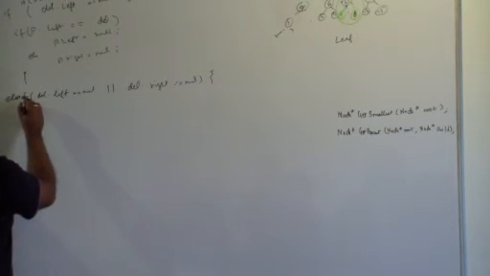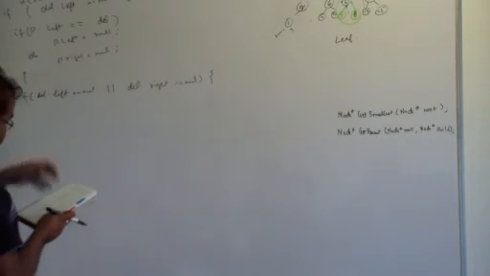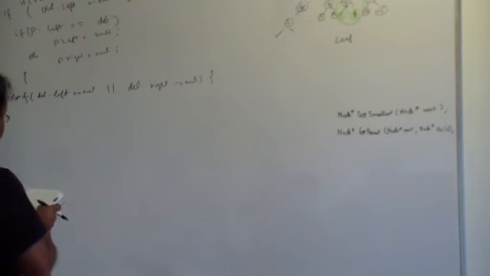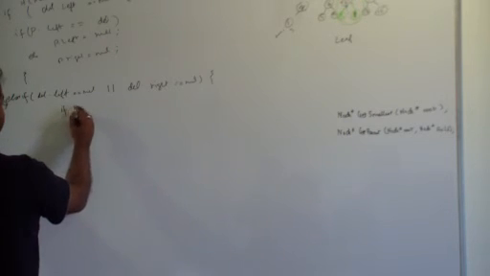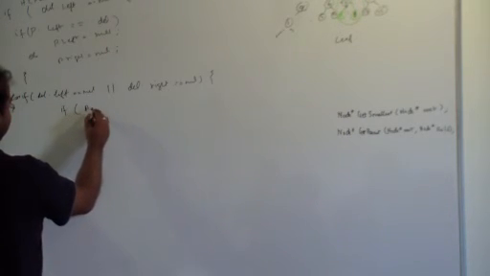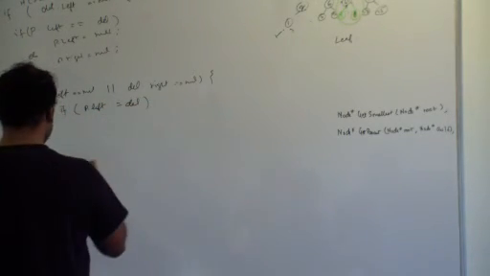So if one of them is null, then we want to know which side the node to be deleted is on, the left side of the parent or the right side.